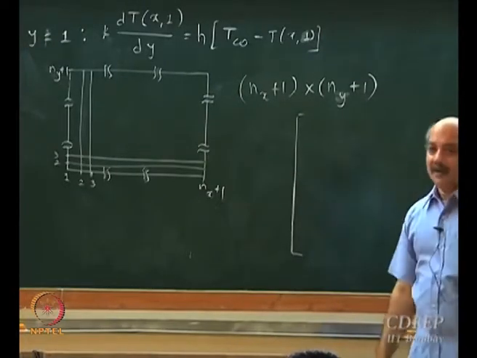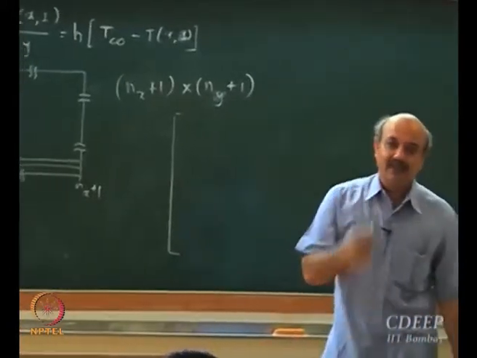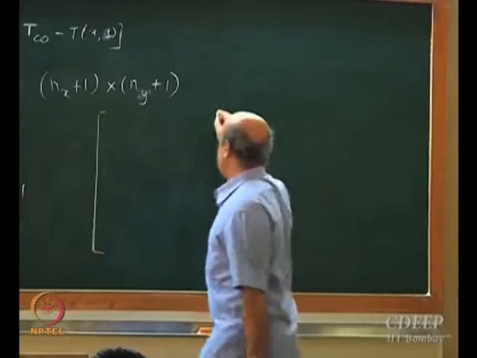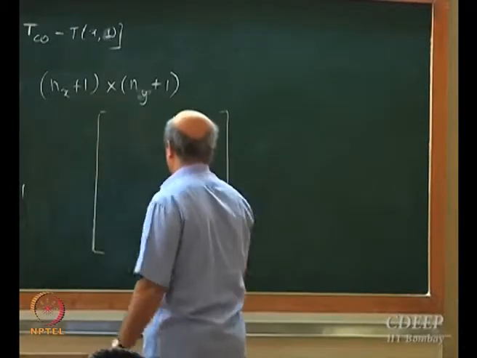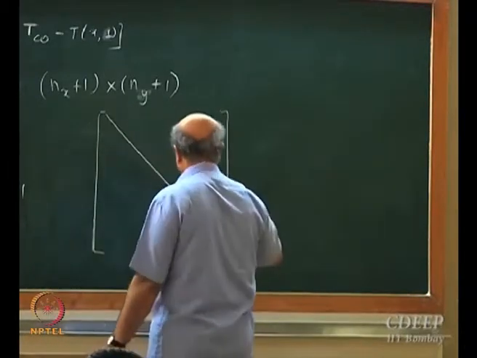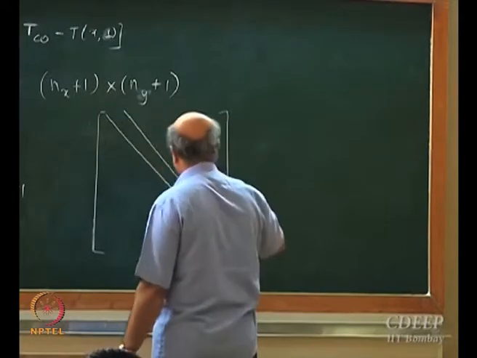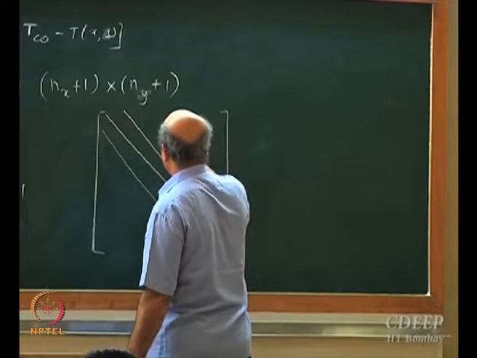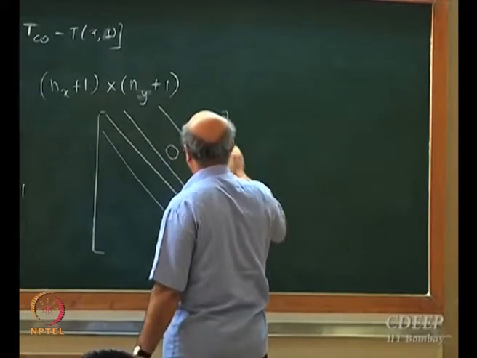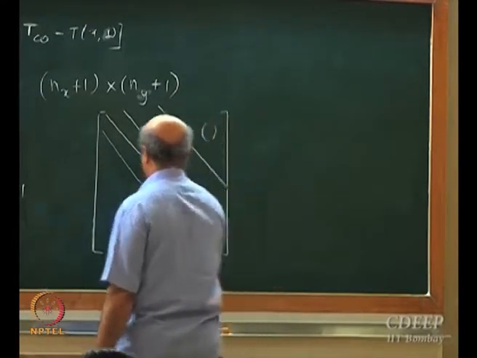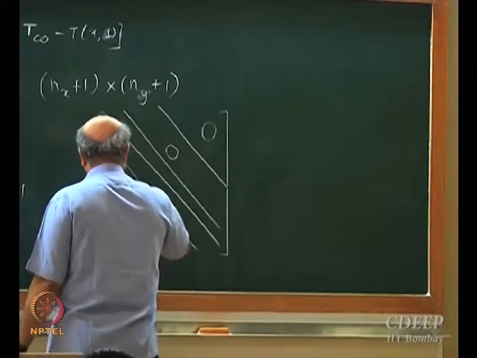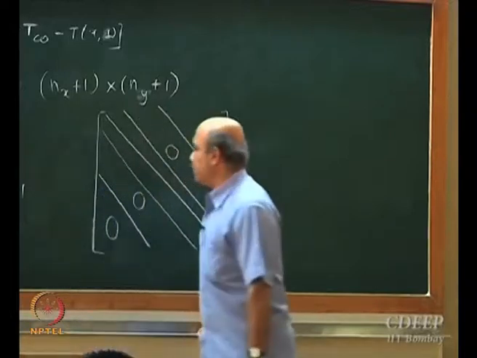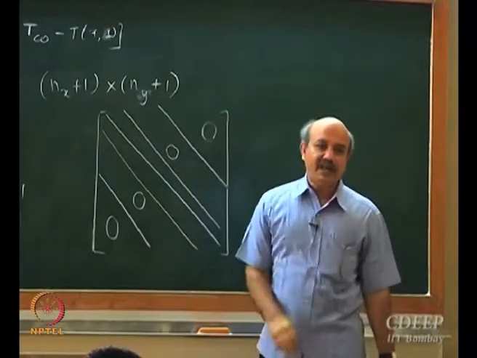It is a sparse matrix that you get here, and this matrix will have non-zero elements along the first 3 diagonals. There will be a lot of zeros, there will be a non-zero diagonal again, and 0 diagonals. So you get a sparse matrix if you rearrange all the equations.